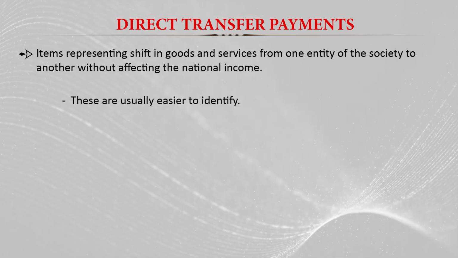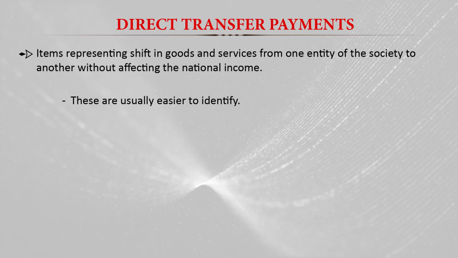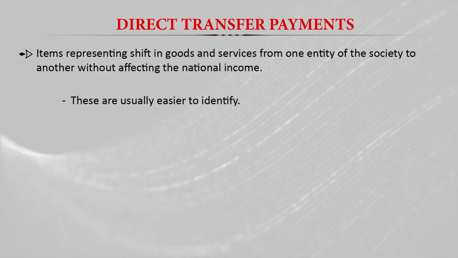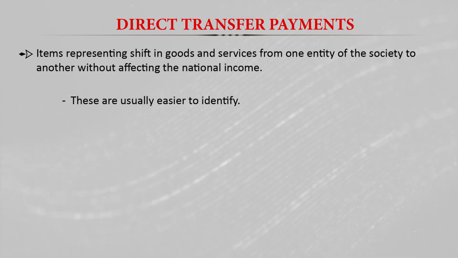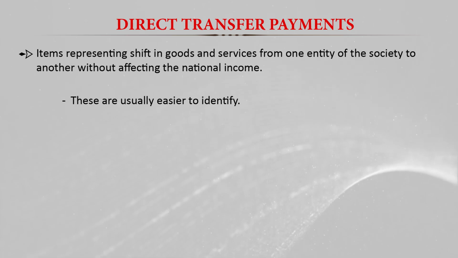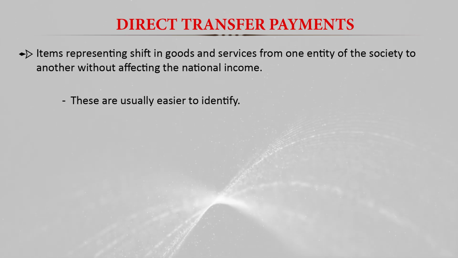There will be no change in the national income. It is simply transferring from one person to another. So these are called direct transfer payments, and we should not include them in the economic analysis. We may include such payments in the financial analysis.